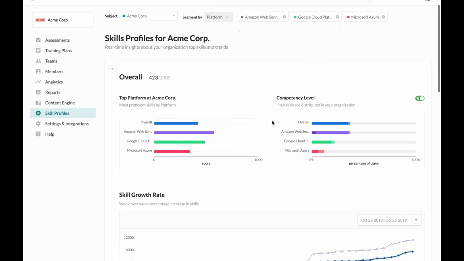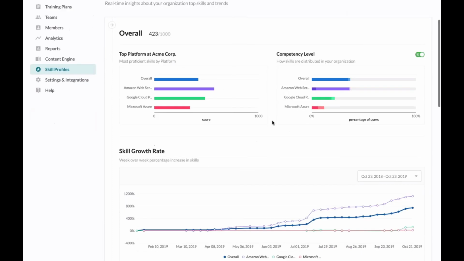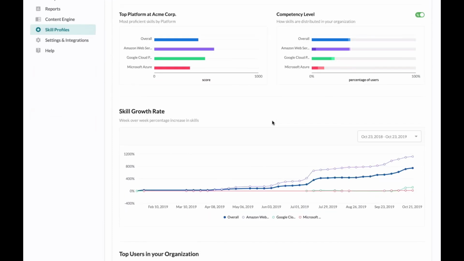And below, you can find the most important graph your company should look at. It's the skill growth rate. This graph is very important because it shows how the skills are growing in your company from the beginning. So here, as you can see, at the end of this 1 year period, my company, thanks to Cloud Academy, improved, for example, overall more than 700%, and only on Amazon Web Services more than 1,000%.